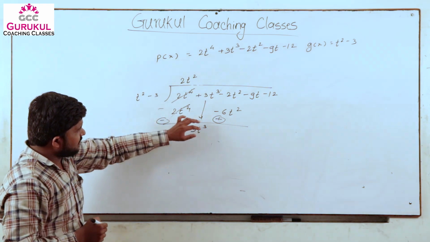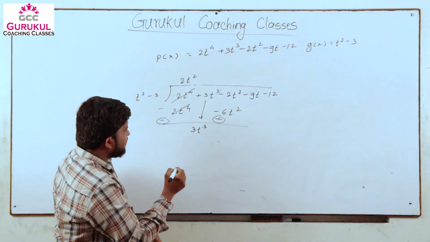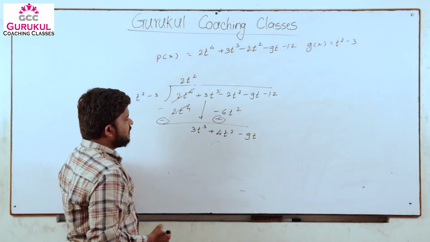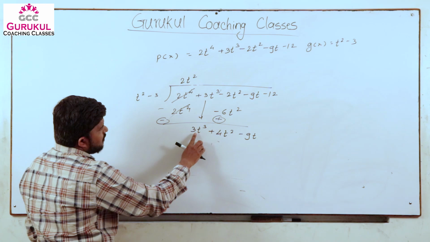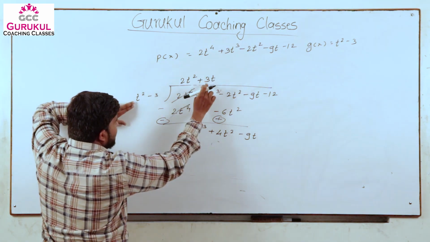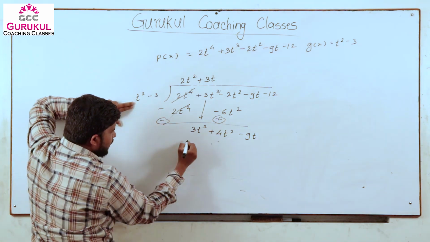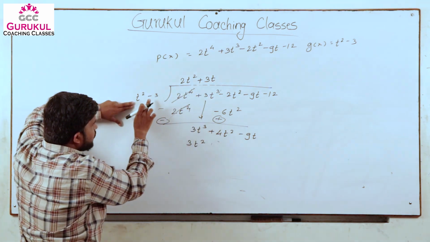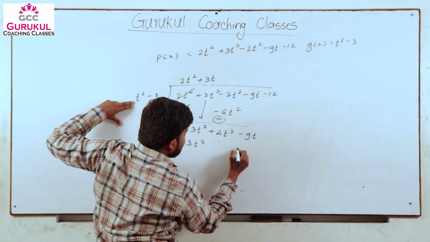3t cube as it is, minus 2 plus 6 is plus 4t square, minus 9t. Here we want 3t cube, so multiply by 3t. 3t into t square is 3t cube, 3t into minus 3 is minus 9t.